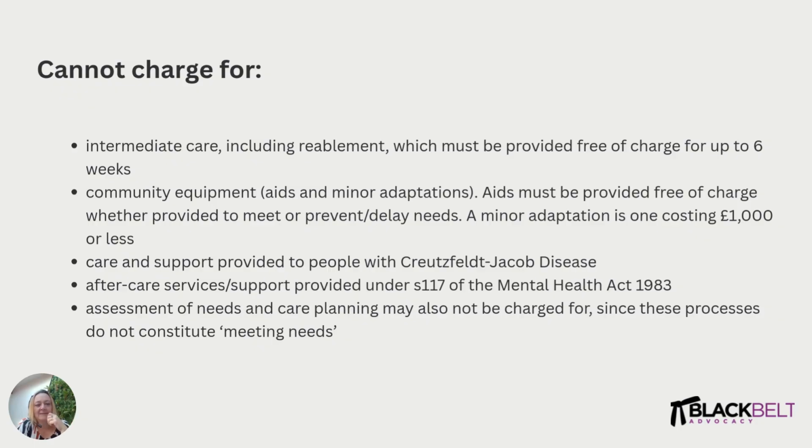I'm familiar with a shocking story of somebody who just wanted handrails, and they had to go through a 6-hour, 40-page assessment just to buy some handrails that were £100, a couple of £100. That should just be provided without going through the charging.